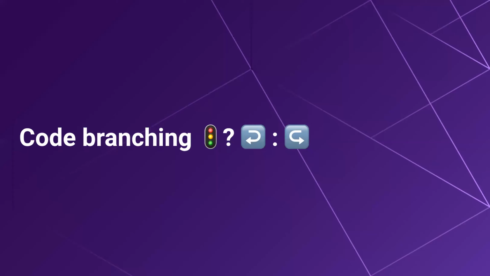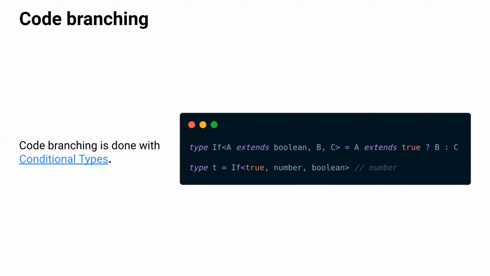Great. So now code branching. Code branching is done with conditional types in TypeScript. So this is this kind of ternary operator we have. And what you are doing is that you use this extends keyword again, but it doesn't mean the same thing. It's kind of a question: is A assignable to some other type?